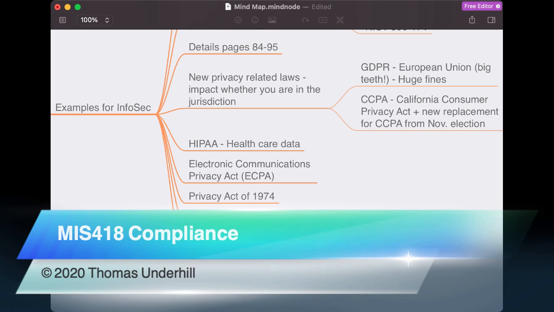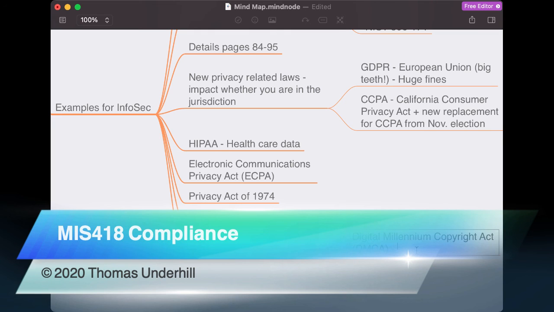And so with copyright laws, one such example is the Digital Millennium Copyright Act, or DMCA. Clearly I cannot spell anymore. This one here is related to copyright protections.